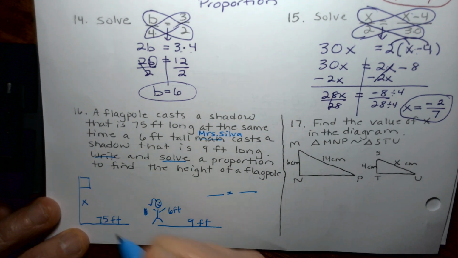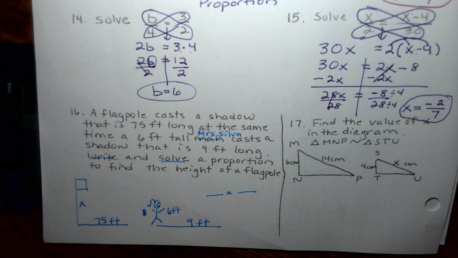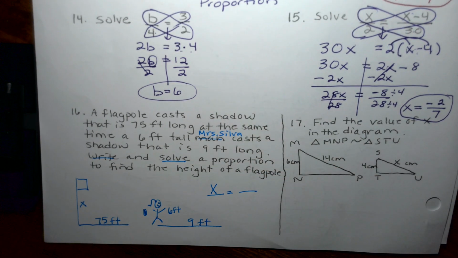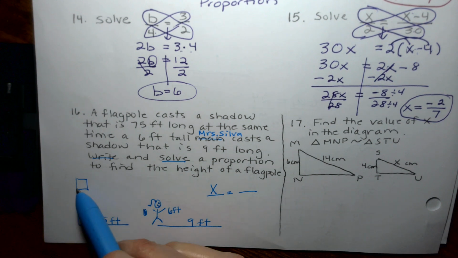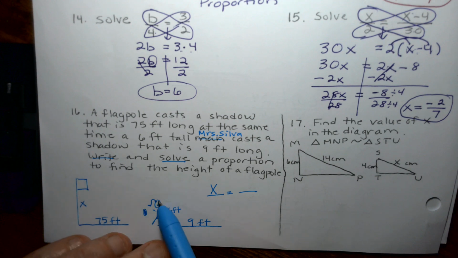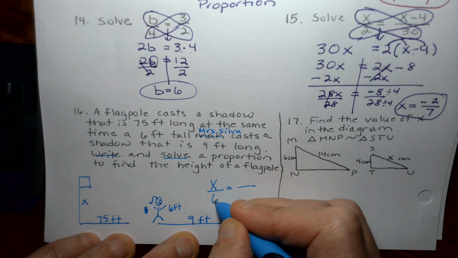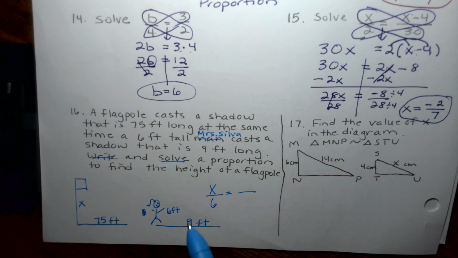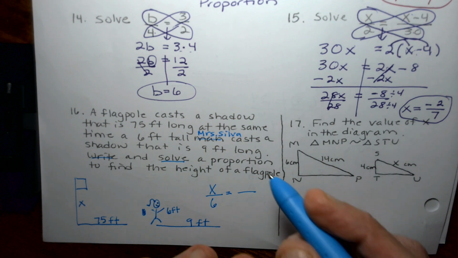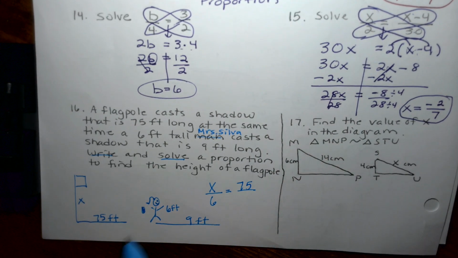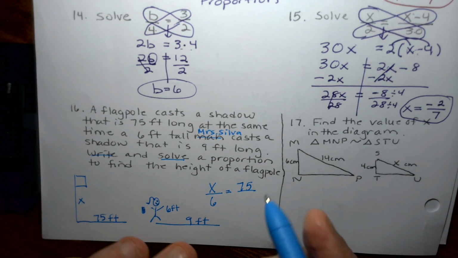So that is our variable, x. So put in your x first, and then you're going to go over here, and what else do we know the height of? We want to find the height of the flagpole, and we're given the height of me, 6 feet. Now I'm going to go back to the flagpole and do the shadow. Shadow is 75. And then I'm going to go back to me, and what's my shadow? 9.